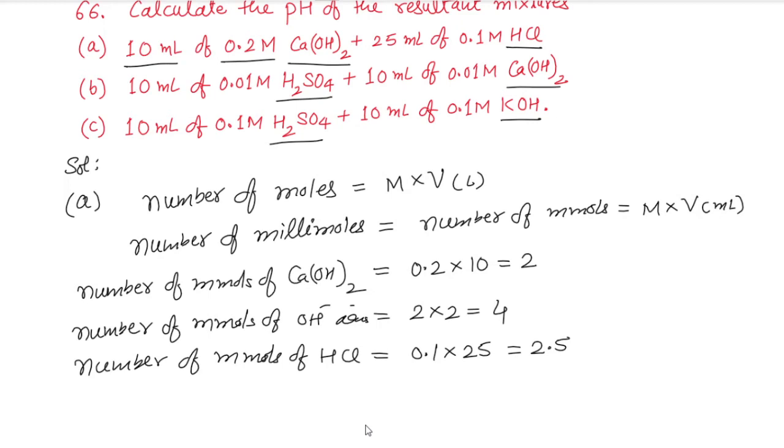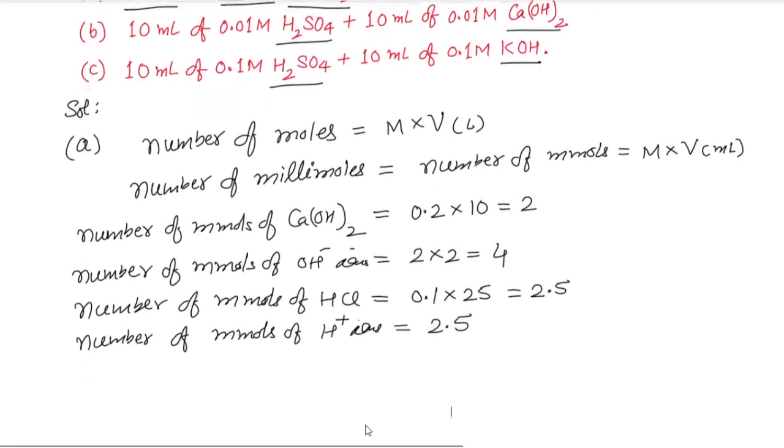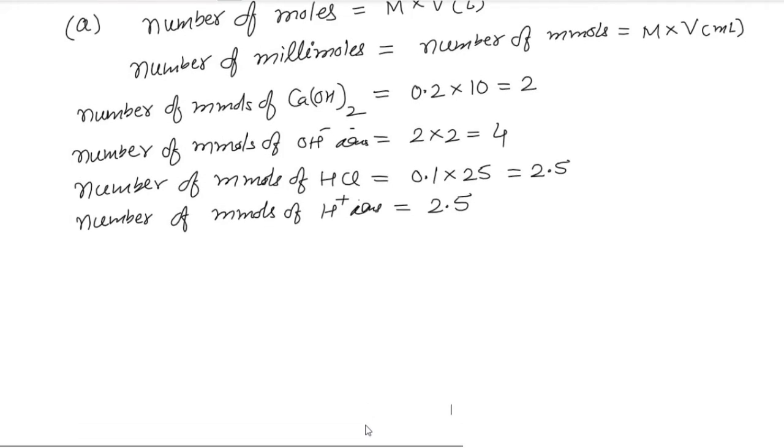Now one HCl will give only one H plus ion, so the number of millimoles of H plus ions is the same, 2.5. From these two, we can see OH negative ions are greater than H plus ions.